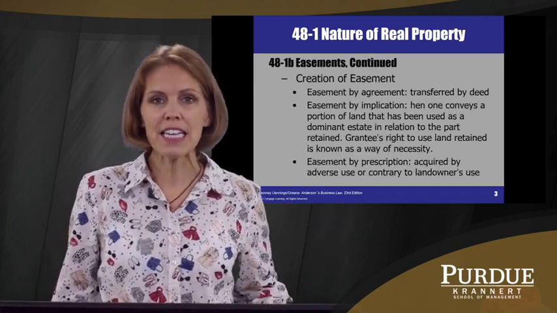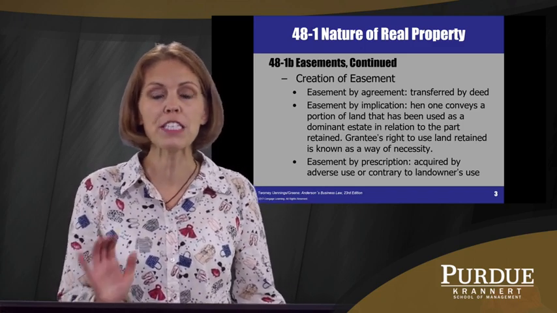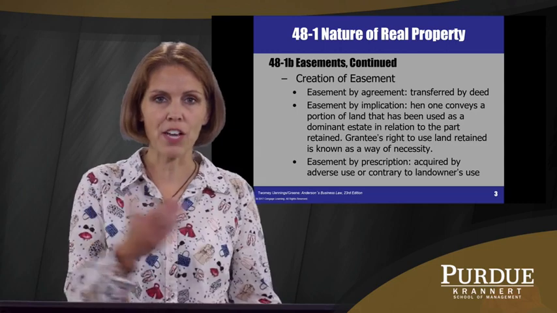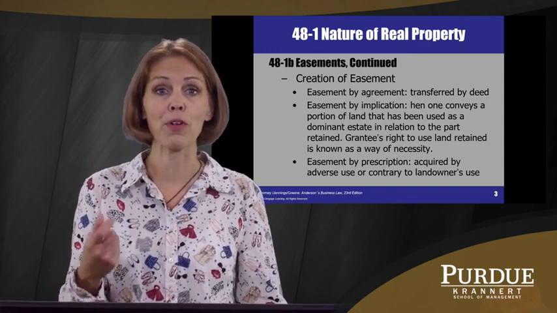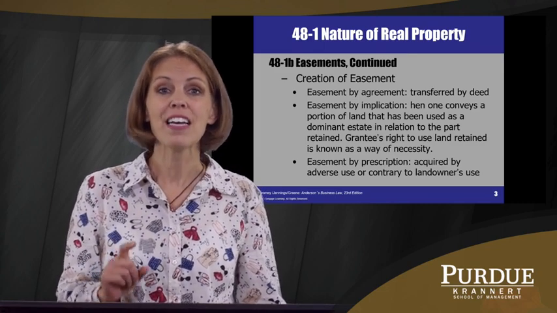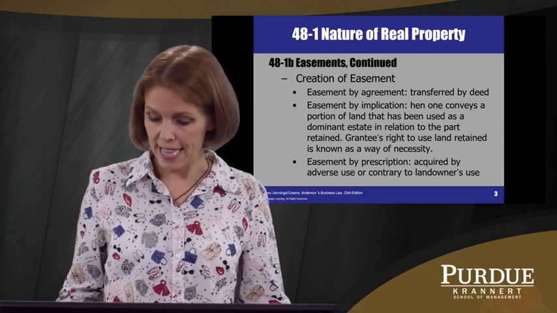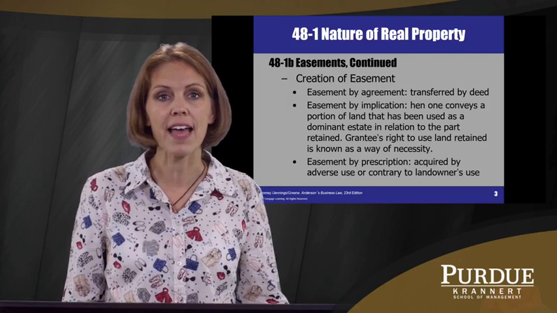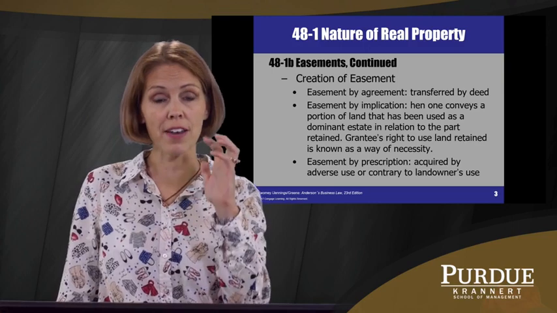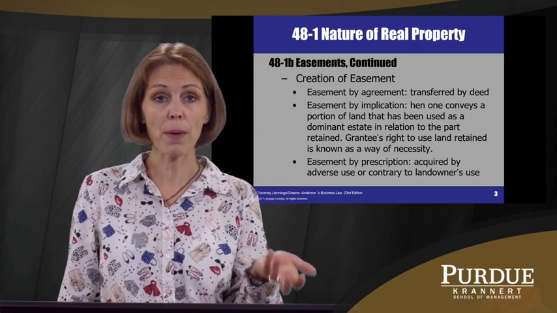All right, so an easement can be created by agreement of the parties. It can be created by implication, which just means that the parties have allowed, like A has allowed B to go across their land without any formal contract or agreement. Now, remember, because of the statute of frauds, if you have an agreement, what does it need to be in? It needs to be in writing because this is related to land. And then easement by prescription is the idea that in Indiana, over the course of 20 years, someone has used another person's land in a way that is hostile to that owner's property rights.